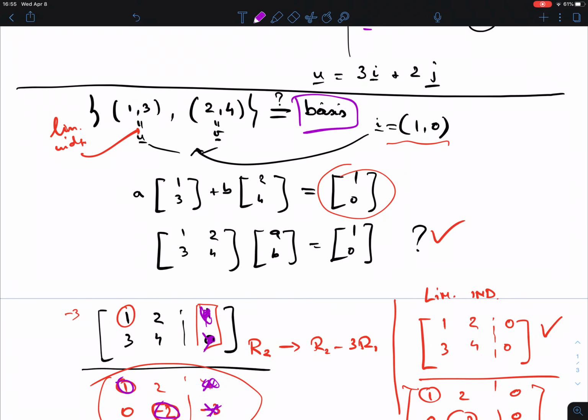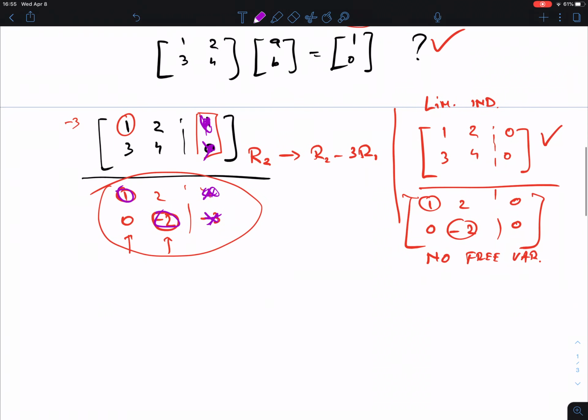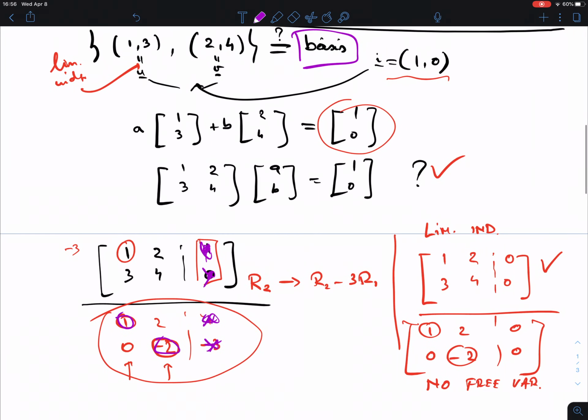Now that's a long-winded discussion of showing that this is a basis. I can do it much quicker, because look at what the echelon form is. If I did the reduced echelon form, which I didn't do here but you can, you would see that what I'm saying is true. If you do the reduced echelon form of this matrix, you actually get the identity matrix, right?